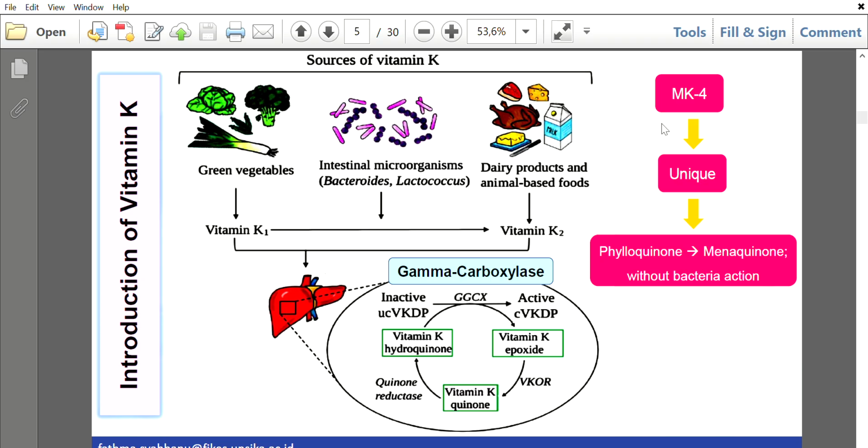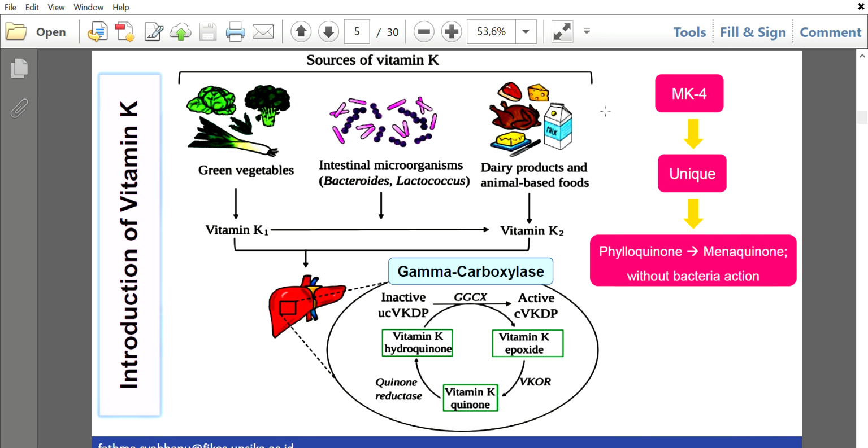The higher the number, the longer the chain of the menaquinone and the more lipophilic its properties. Menaquinone 4 belongs to the short chain menaquinones, while MK9, 10 to 13 are the long chain menaquinones.